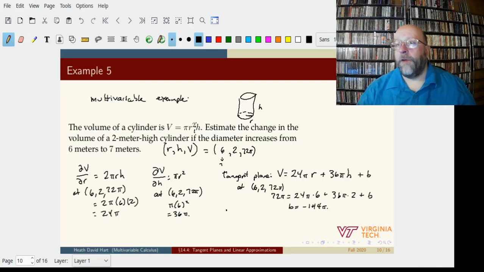And so now the linearization in terms of r and h, well, it's the same thing as a tangent plane. We just write it as now a linearization function: 24 pi r plus 36 pi h minus 144 pi.